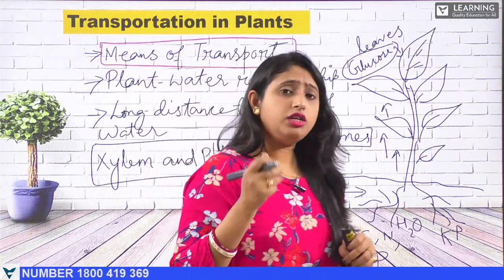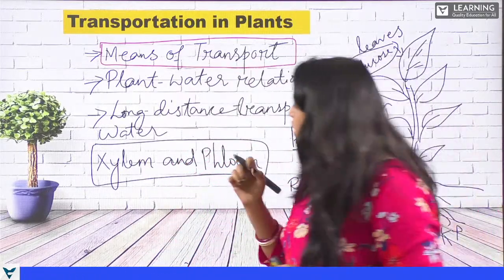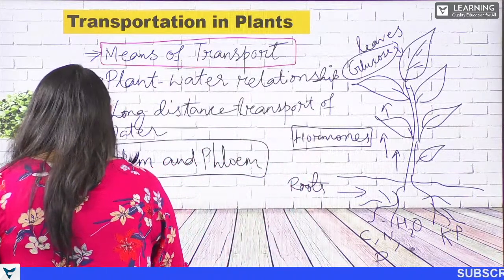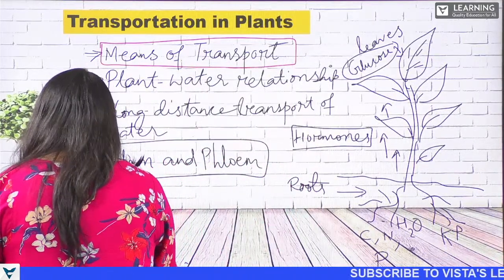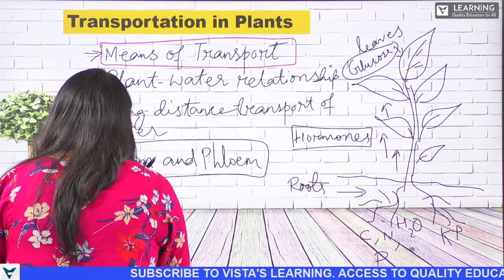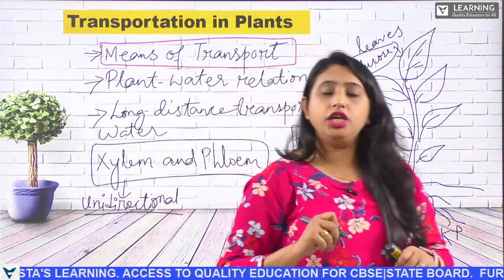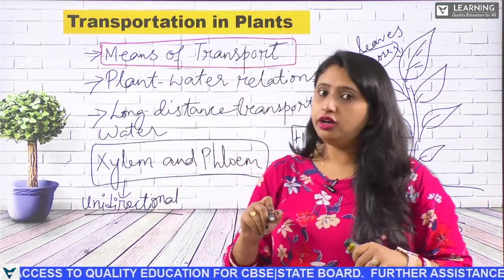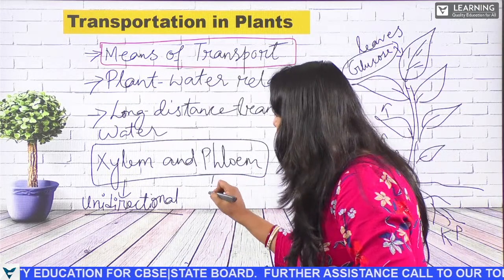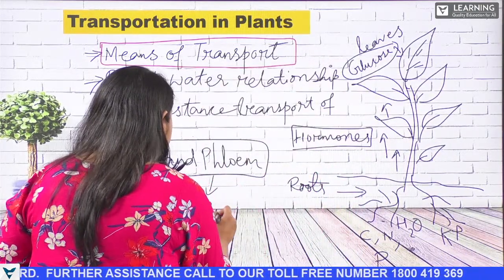Xylem is responsible for only unidirectional transport of water, whereas phloem is responsible for the bidirectional transport.